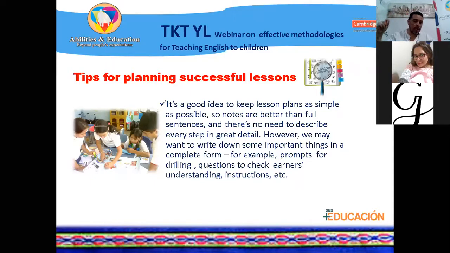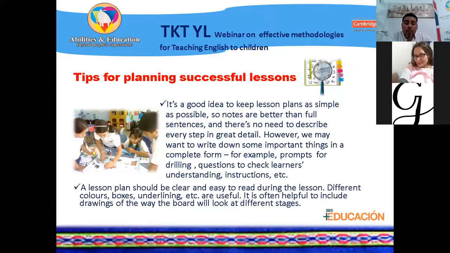Then students say their names in front of everyone. So there's no necessity to give a lot of details. It's a better idea to keep a lesson plan as simple as possible. So notes are better than full sentences. However, we may want to write down some important things in a complete form. For example, prompts for drilling, questions to check learners' understanding, or to check instructions.